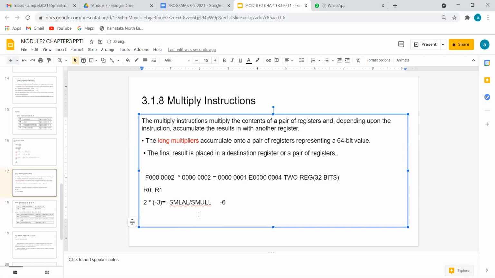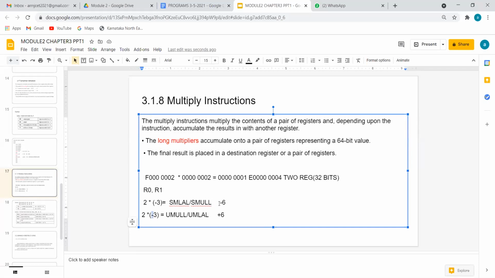But for the same operation, if I use unsigned multiply or unsigned multiply long and accumulate, the answer will be plus 6. Why? Because it will forget the sign.